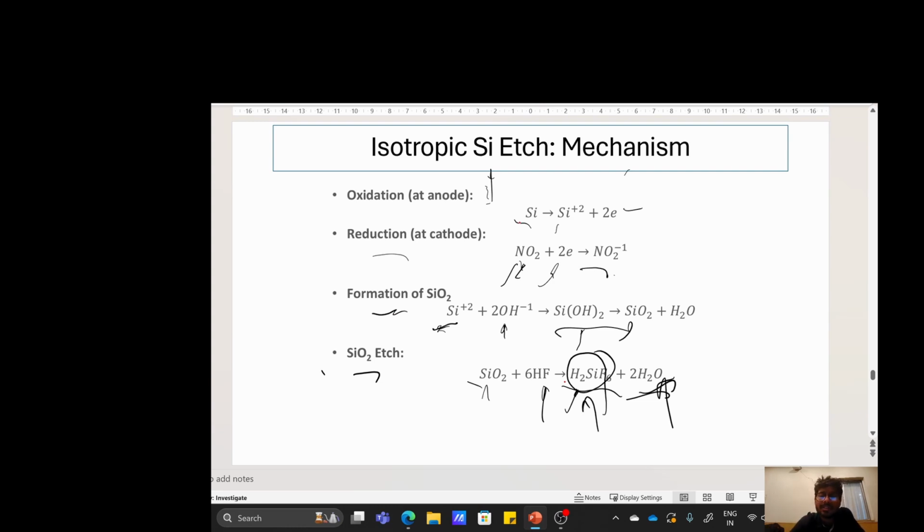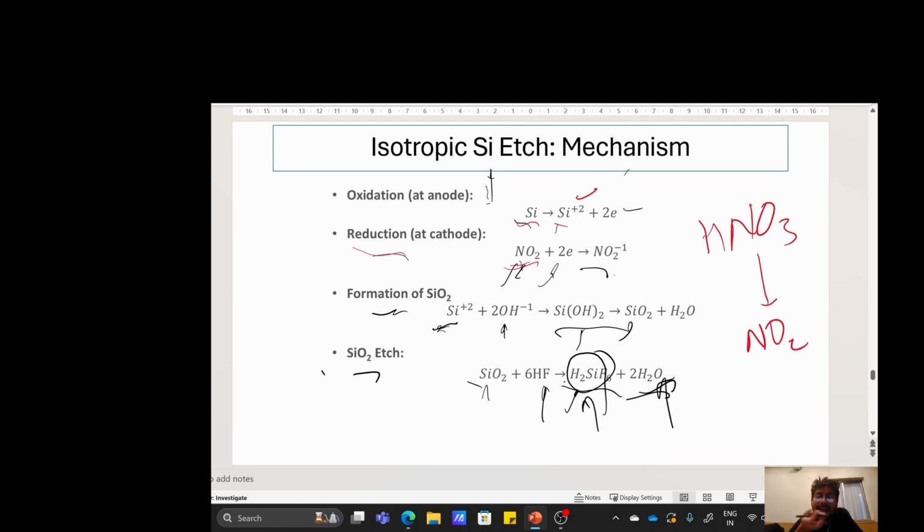So there is an oxidation, Si converts to Si2+, and reduction at the cathode, so NO2. From where does this NO2 come? We will see that from HNO3. HNO3 will give you NO2.